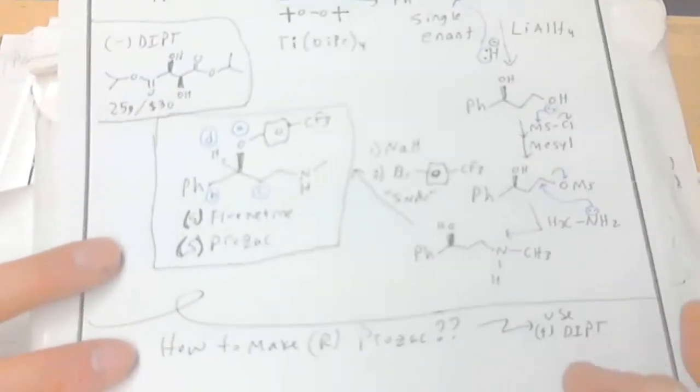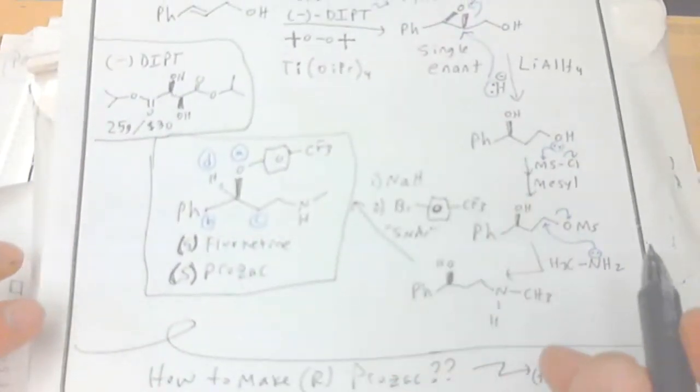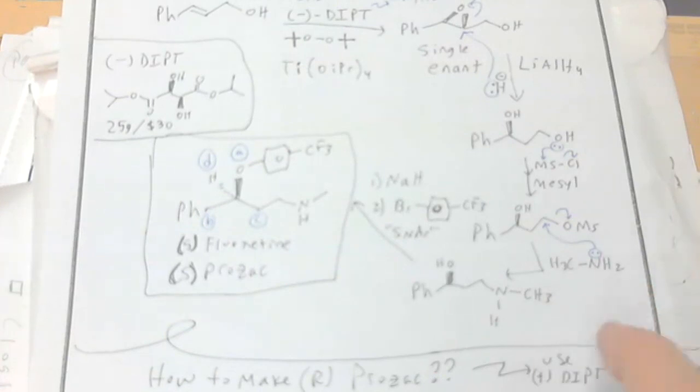Does anybody know what DIPT is derived from? What natural product? It looks like this. Anybody know what that molecule is? DIPT. And what does the T stand for? Anybody know? Here and there you learn little molecules that are actually common molecules in our common lives.